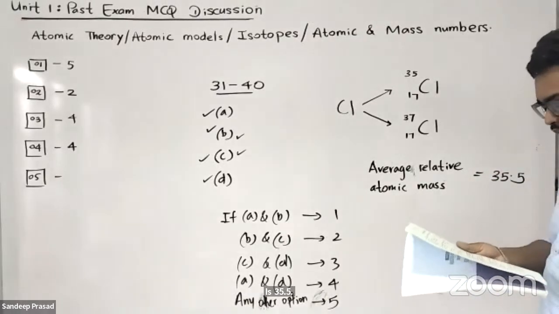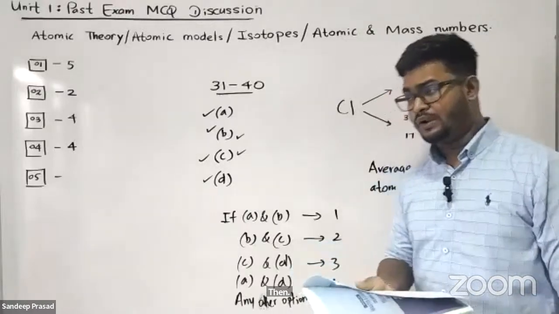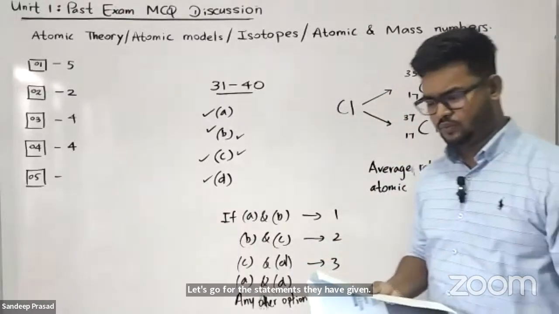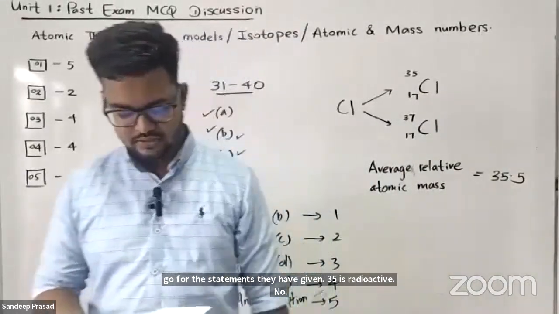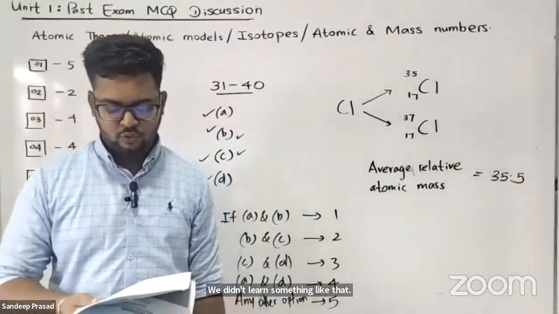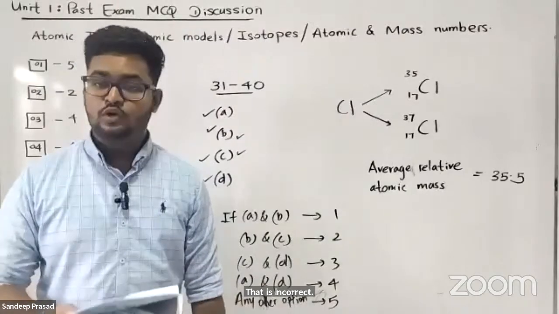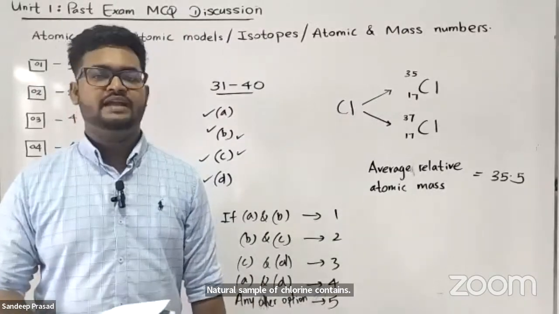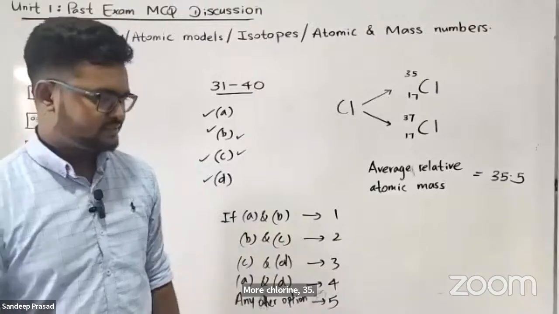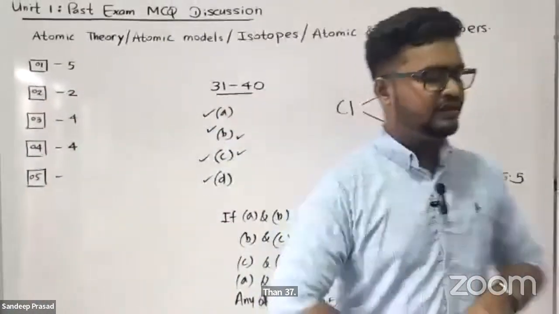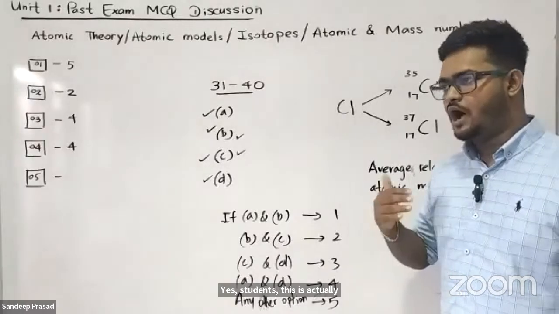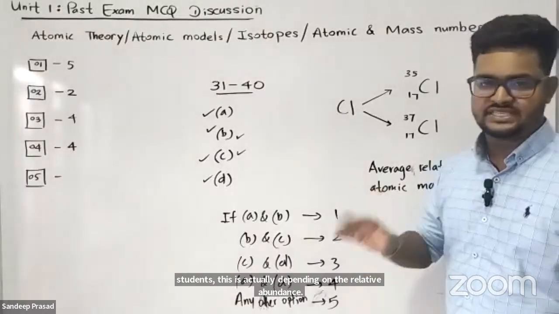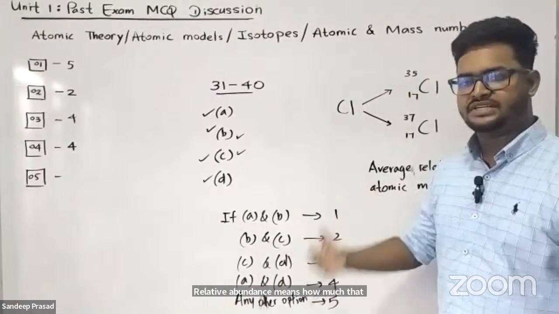Then let's go for the statements they have given. Chlorine 35 is radioactive. No, we didn't learn something like that. That is incorrect. Natural sample of chlorine contains more chlorine 35 than 37. Yes students, this depends on the relative abundance. Relative abundance means how much of that isotope exists in nature as a percentage value.